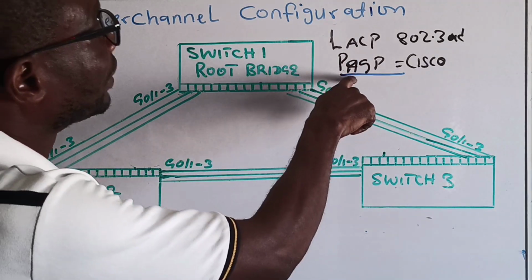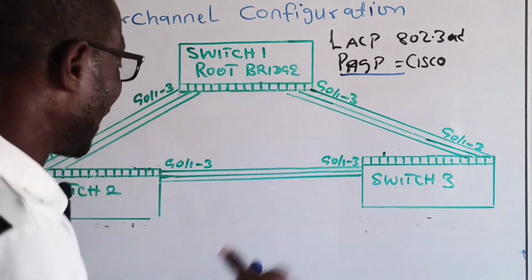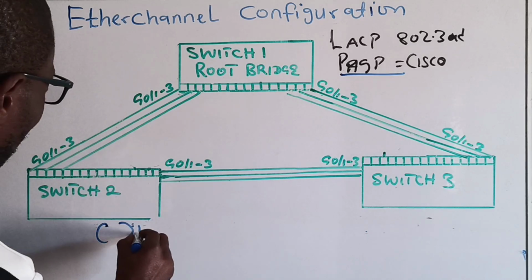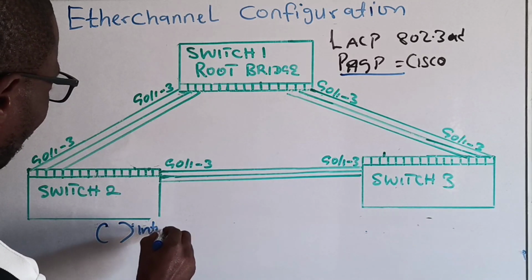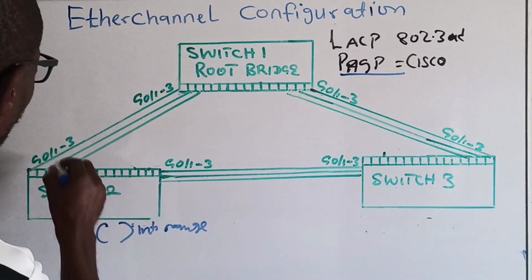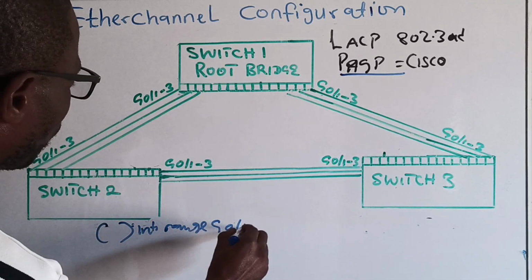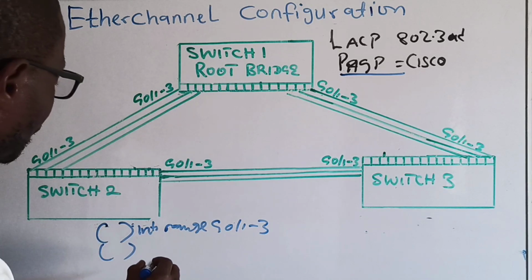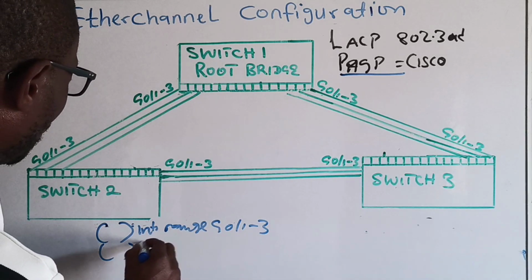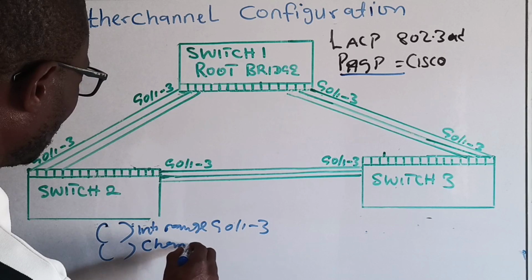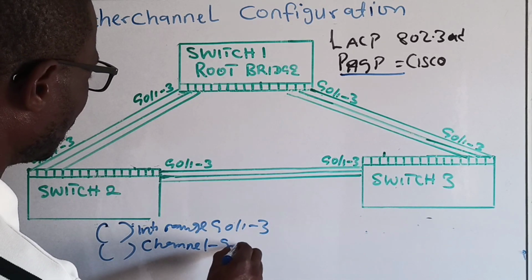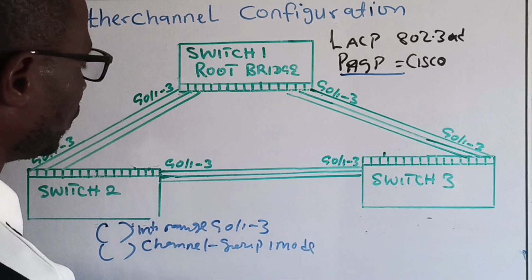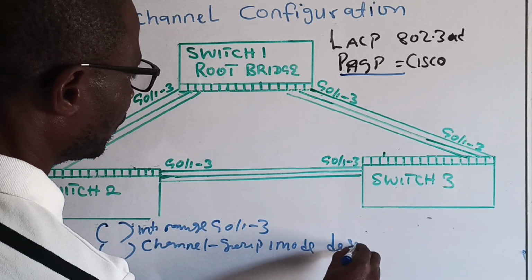But when you configure this to be desirable, just like this, let me go to interface range Gi0/1-3. You hit enter, then channel-group 1 mode desirable.